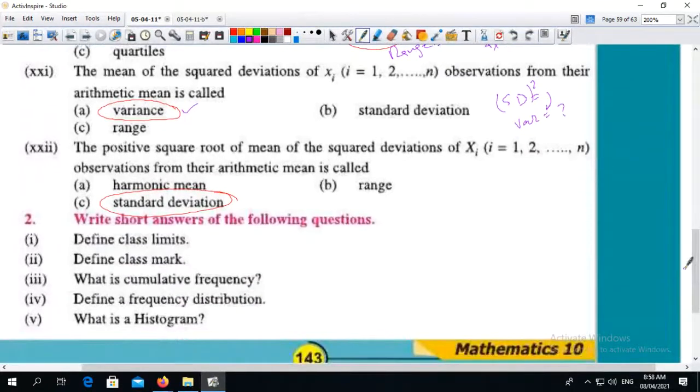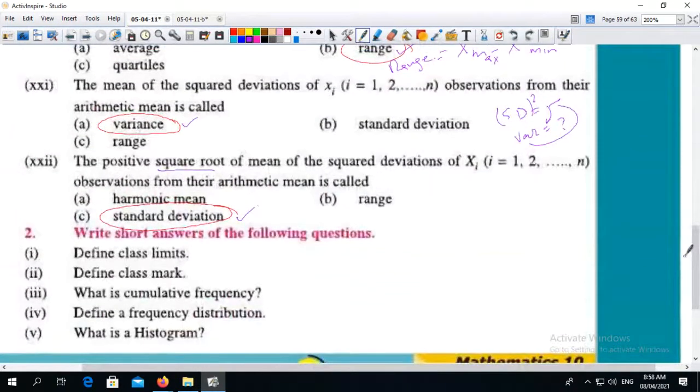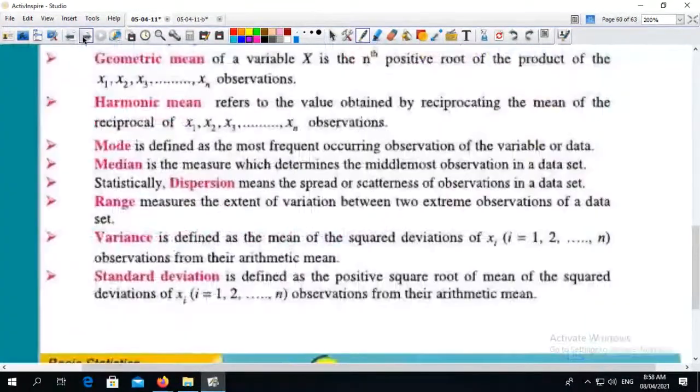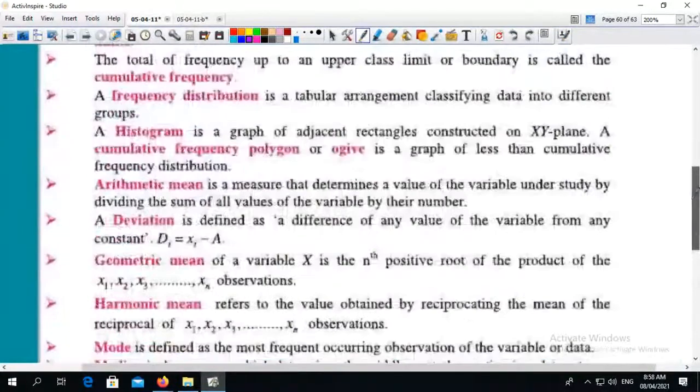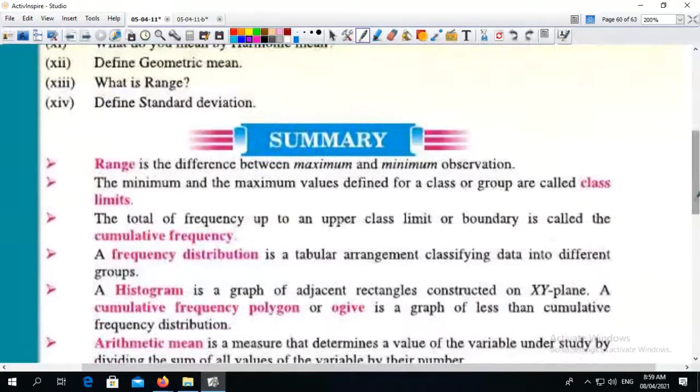The positive square root of the mean of the square deviations of observations from their arithmetic mean is called standard deviation. When we take the square root of variance, it becomes standard deviation. There are no fill in the blanks in this exercise, so this completes our MCQs.